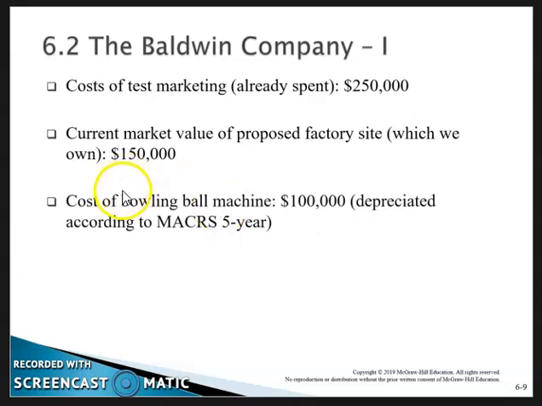Our new bowling ball machine is going to cost us $100,000, and it'll be depreciated using the modified accelerated cost recovery system on a 5-year basis. There are tables for the modified accelerated cost recovery system. There is no calculation involved. I'm pretty sure Excel has a MACRS function.